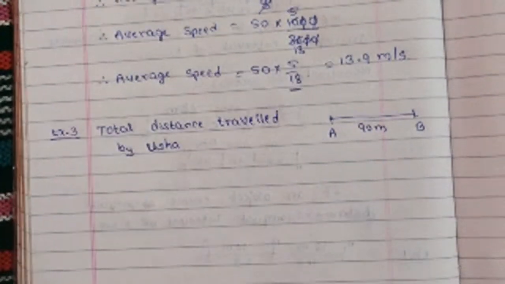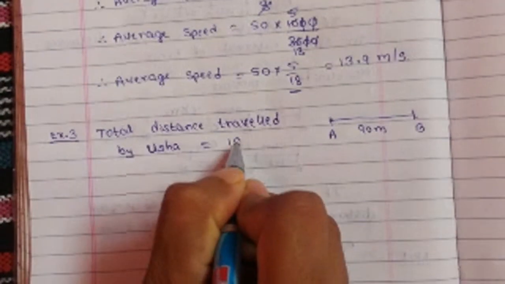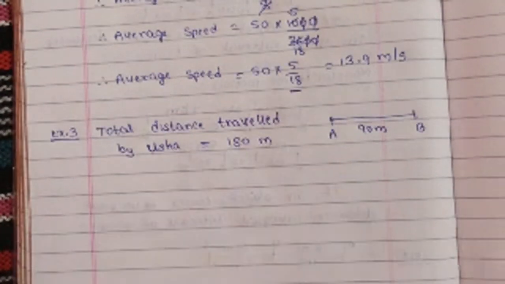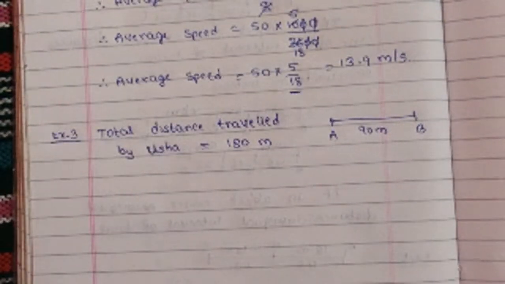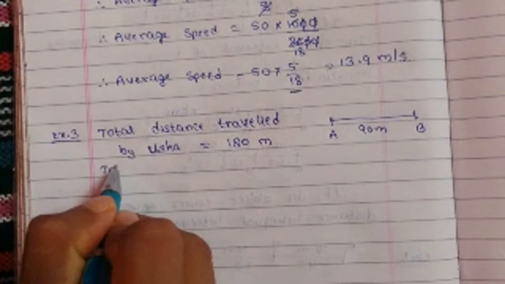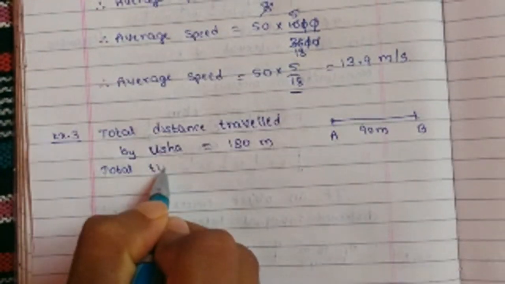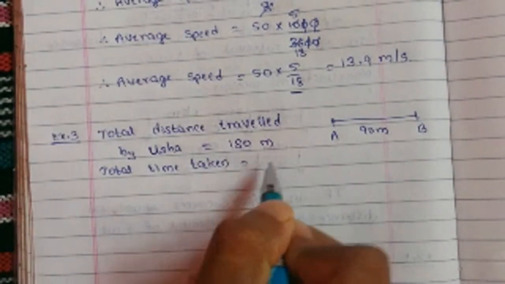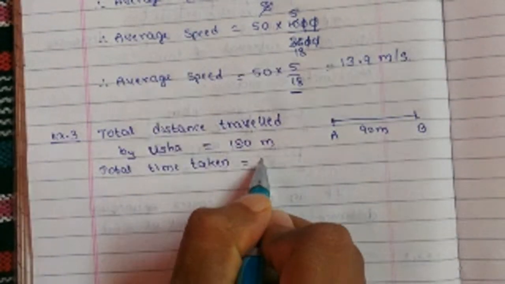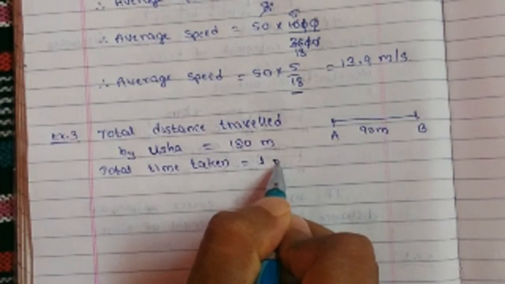Total distance traveled by Usha is how much? 180 meter, that is the total distance traveled. And total time taken, that is equal to how much? 1 minute.